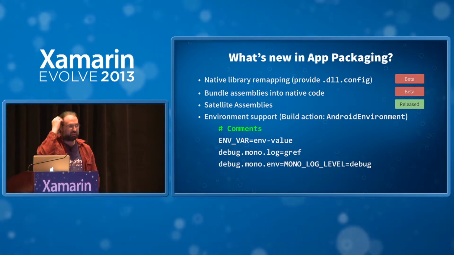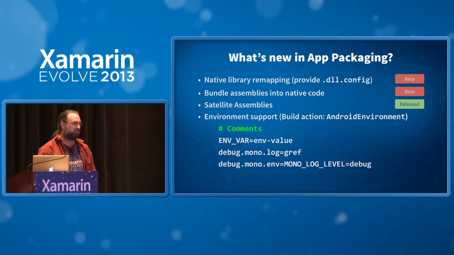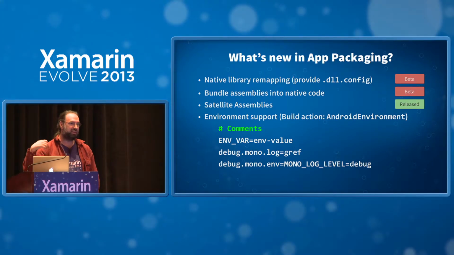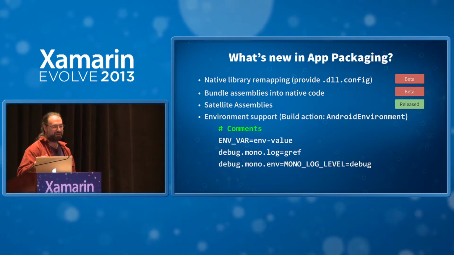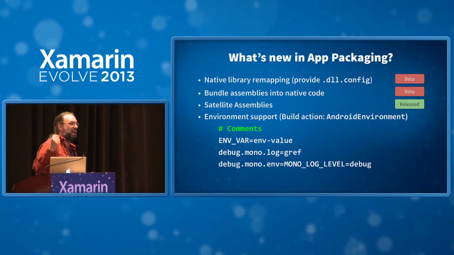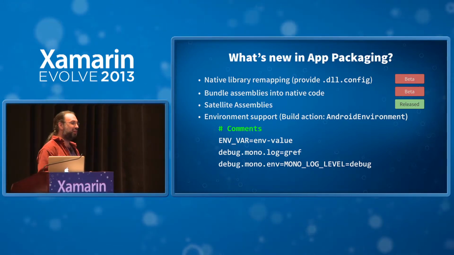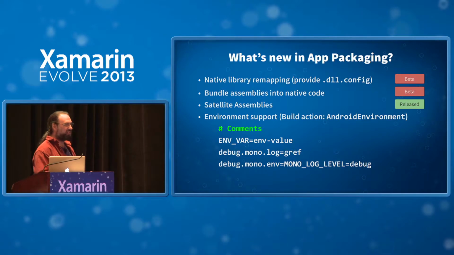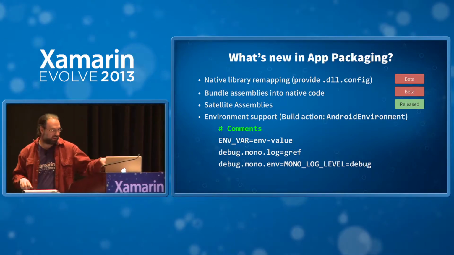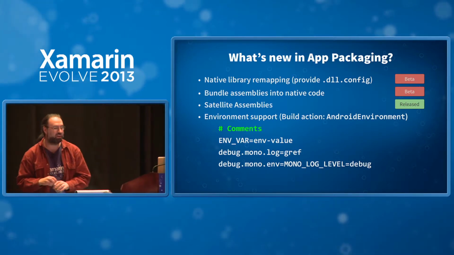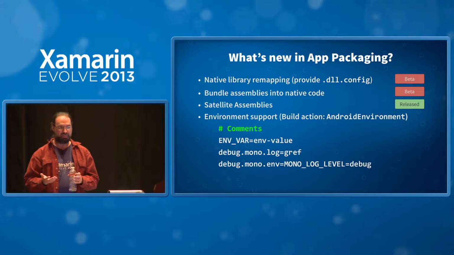Previously, the only way to get gref logging enabled was to hook up your device to ADB and do adb shell setprop debug.mono.log gref. And nobody but a developer is going to figure out that entire process. So what you can instead do is add that line, debug.mono.log equal gref, to the environment.